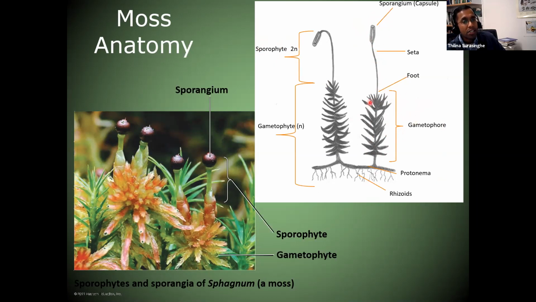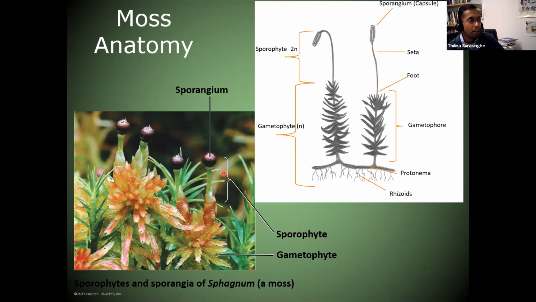This entire structure is called the gametophyte. So gametophyte equals gametophore plus protonema plus rhizoids. And the sporophyte is located on top of the female gametophyte, which has a foot, a seta or stalk, and then the sporangium, or the capsule.